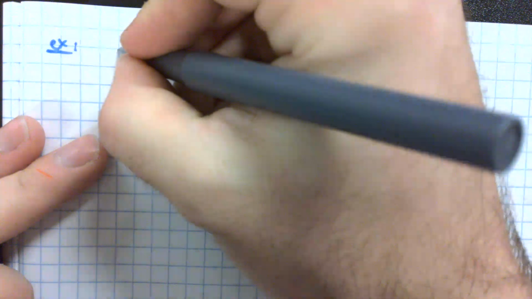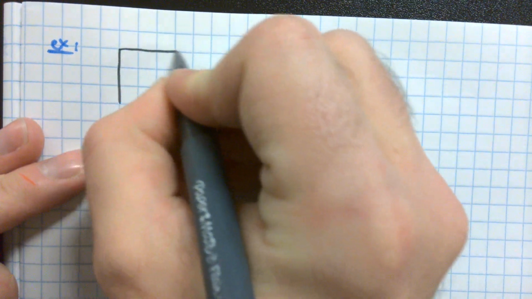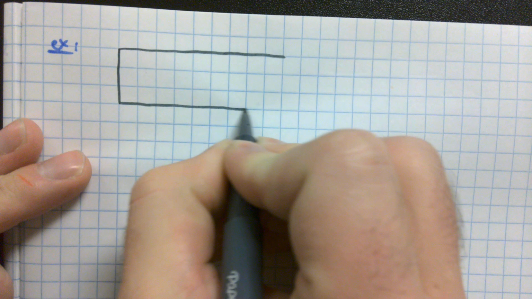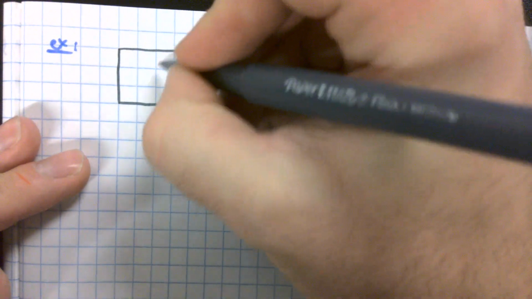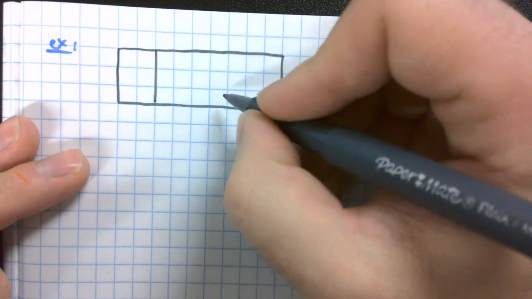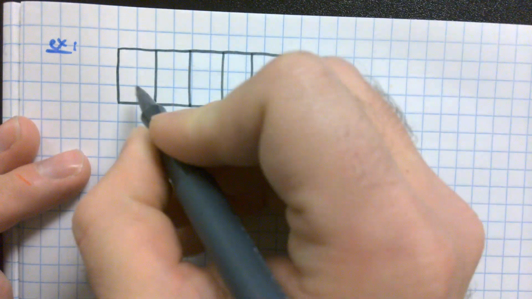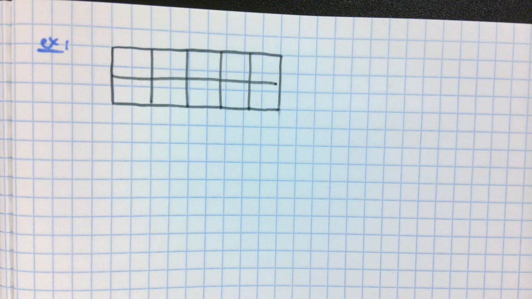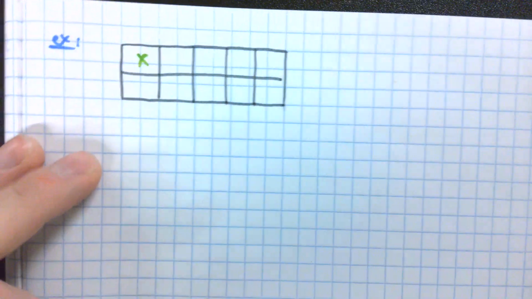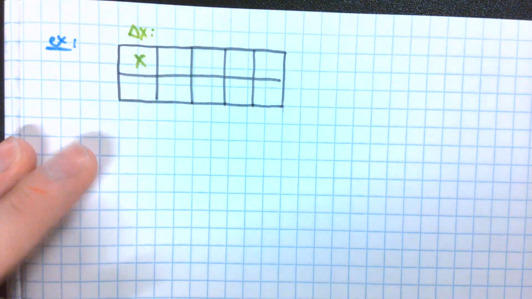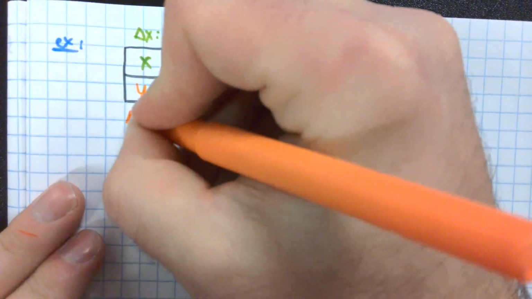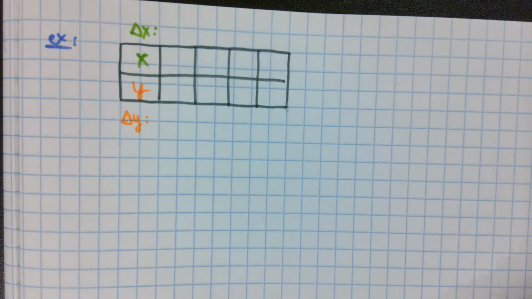Let's do another example of a table here. Let's set this up. X on top, change in X above that, Y on bottom, change in Y below that.